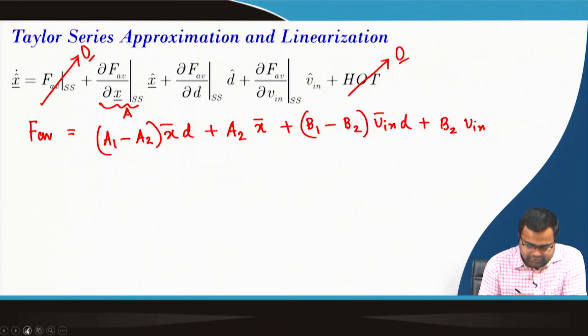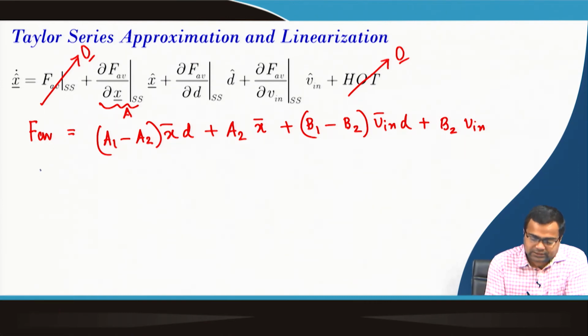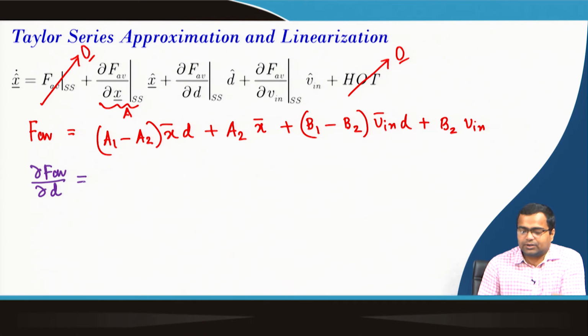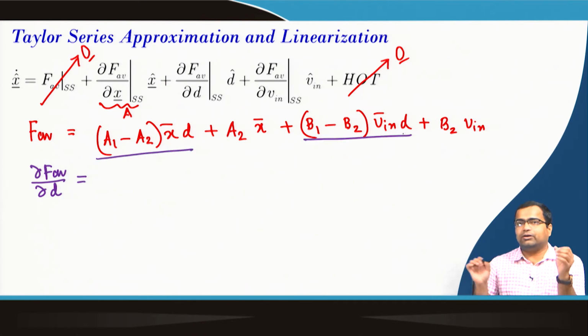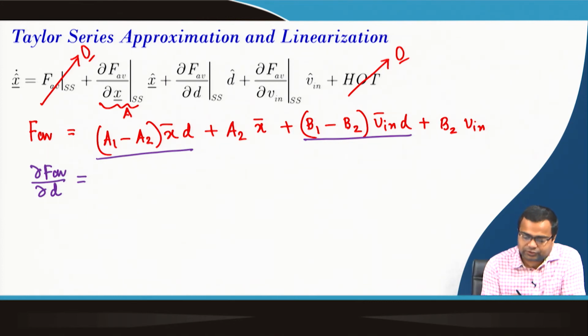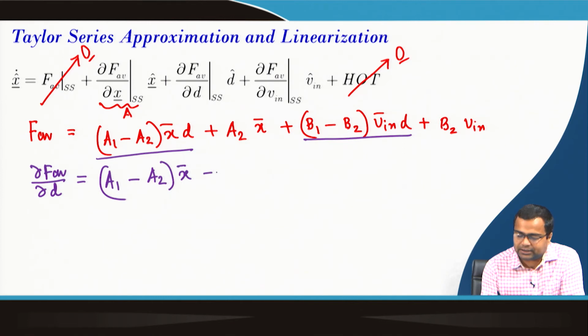Now, we want to find out what is my ∂F average with respect to ∂d, the duty ratio. So, we only consider these two terms, which consist of d, the duty ratio; the other two terms are independent of d. So, we will find (A1 minus A2) into x bar plus (B1 minus B2) into Vin bar.